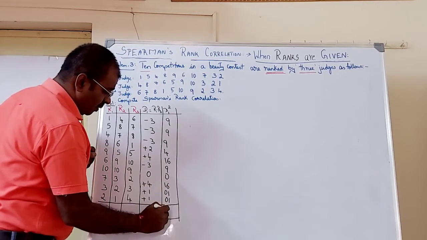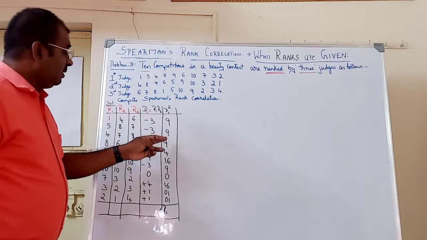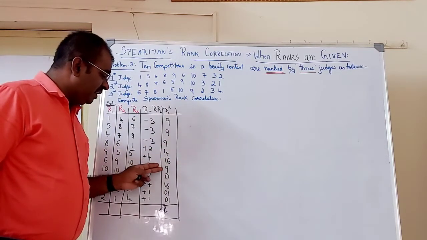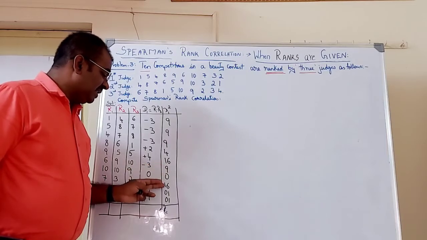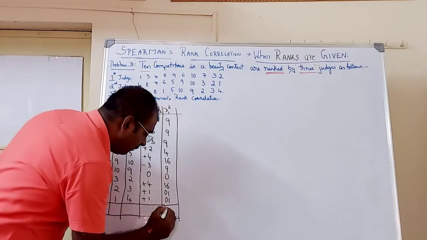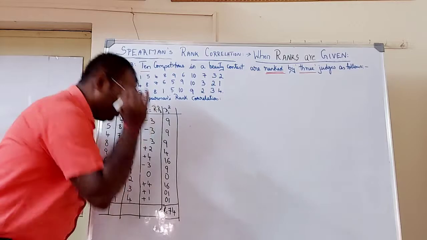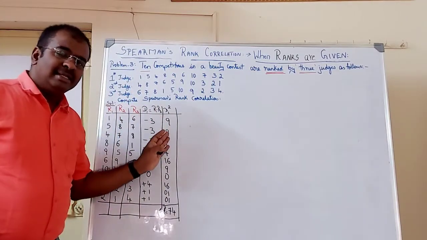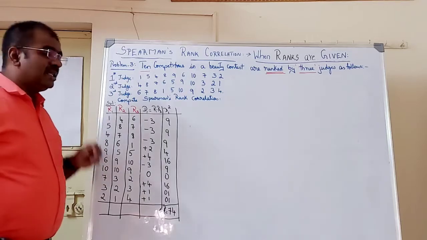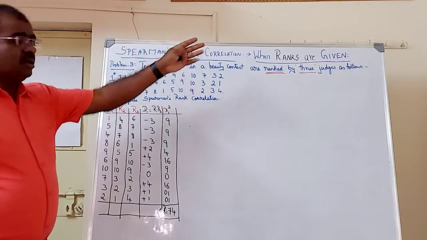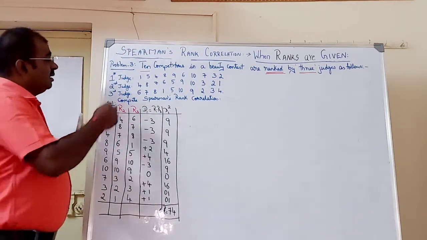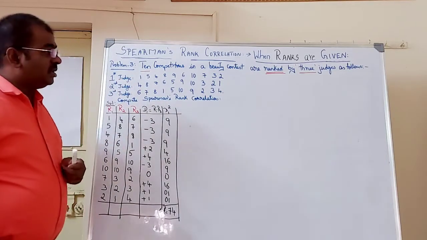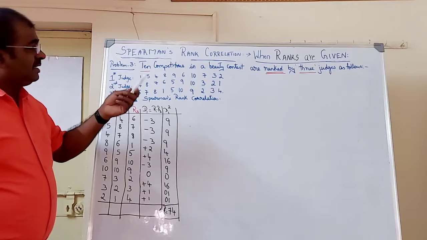Therefore, sigma D square is equal to 9 plus 9 plus 9, 27, 31, 37, 47, 56, 66, 72, 73, 74. So this is step number 1 and step number 2 in the Spearman's rank correlation between judge 1 and judge 2. Now let us find step number 3.